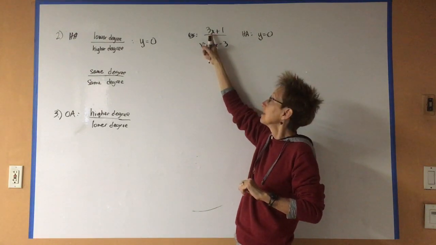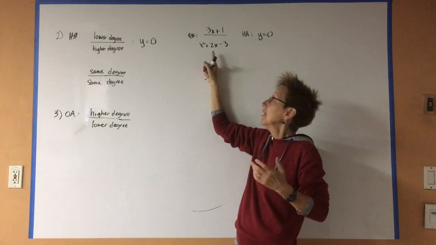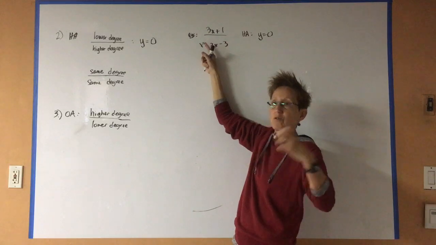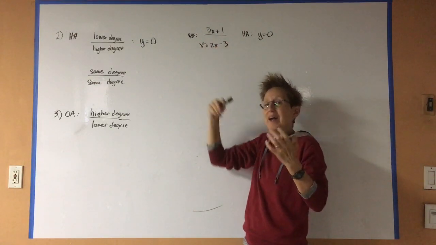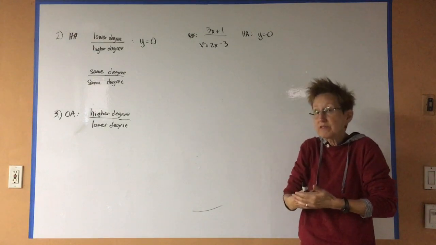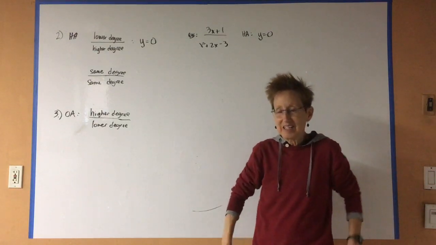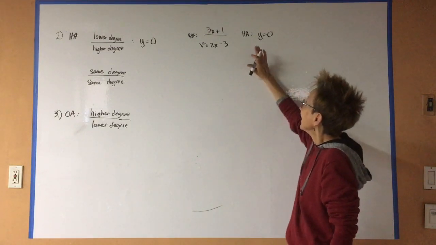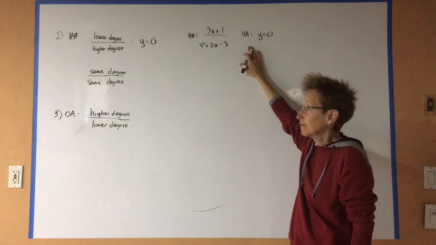Because if the top doesn't get as large as the bottom does, so if I have 5 over 20 and then I get 6 over 100, the bottom's getting a lot larger quicker, so I'm basically approaching a value of 0 on that fraction. So we'll leave it at that. It is a concept of limits, and you'll learn a lot about those in calculus. So HA, y equals 0. Done. You've got it figured out.